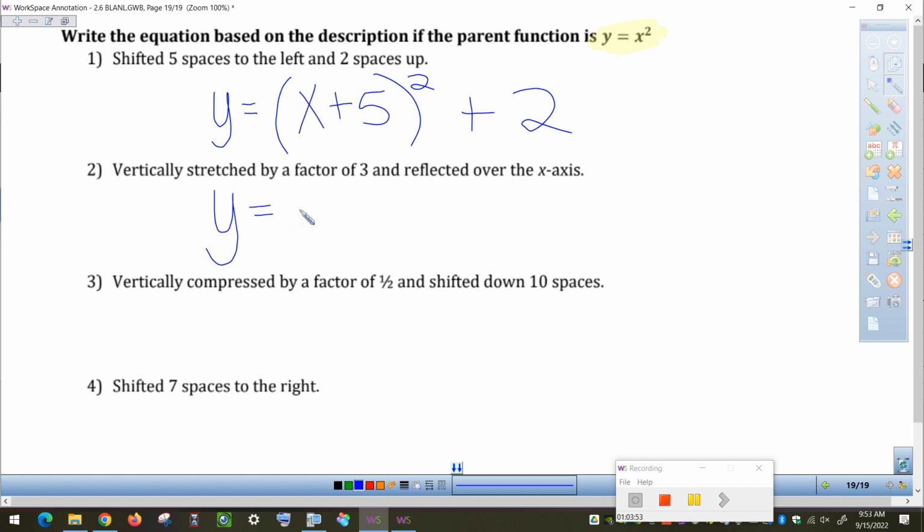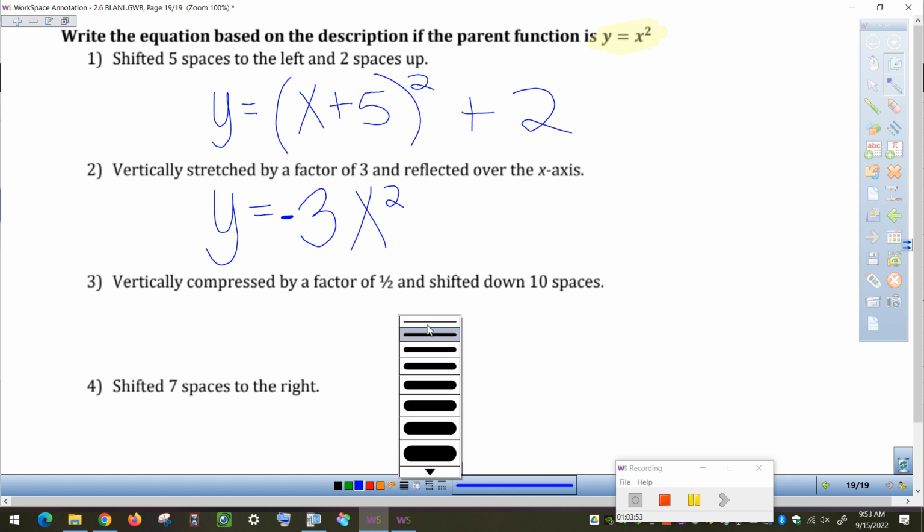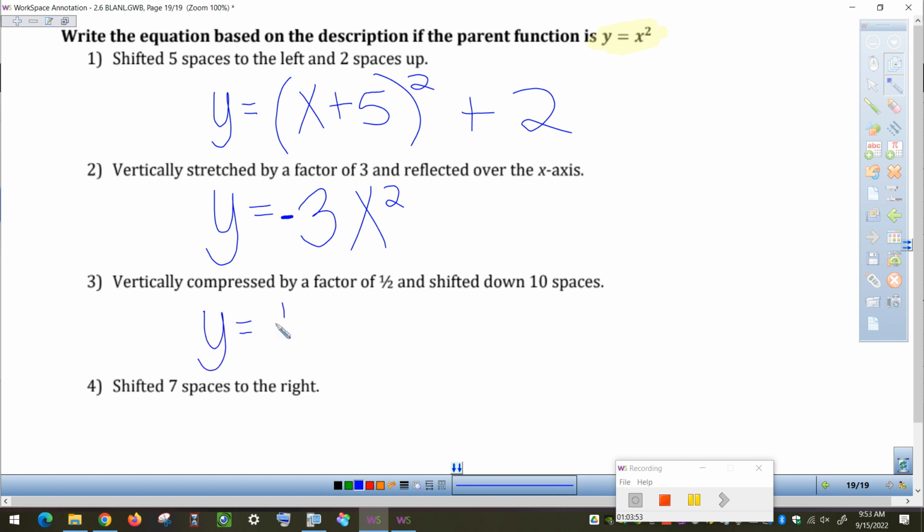Vertically stretched by a factor of 3 is putting a 3 in front of the x². If it's reflected over the x-axis, we also have a negative in front of the whole thing.